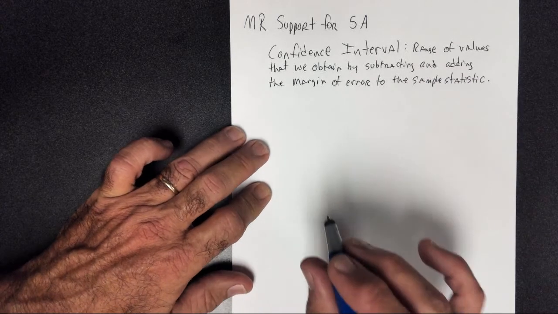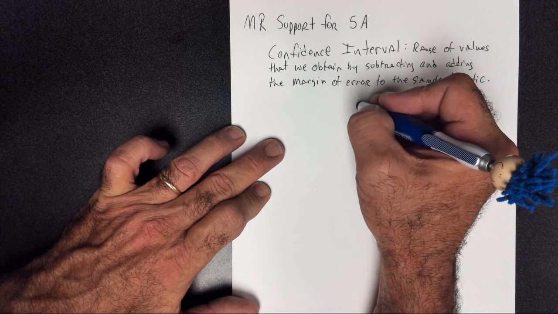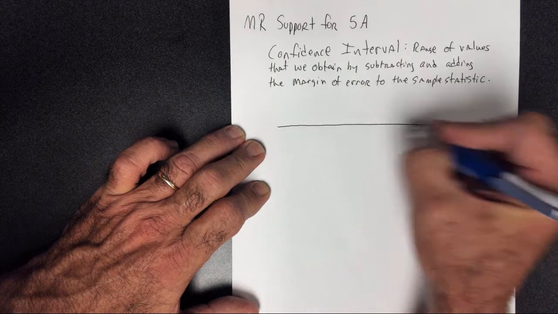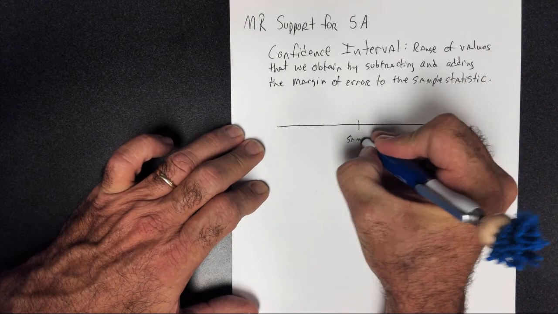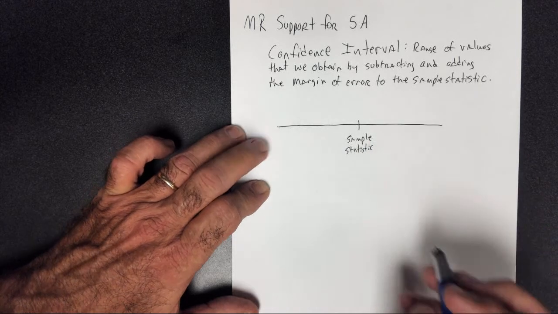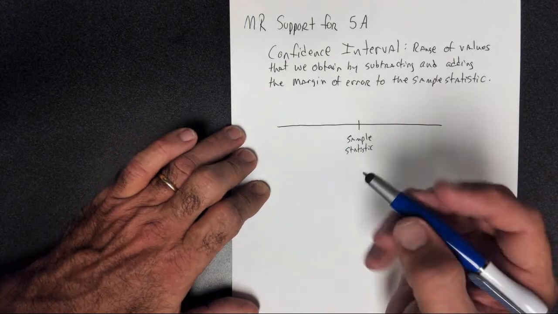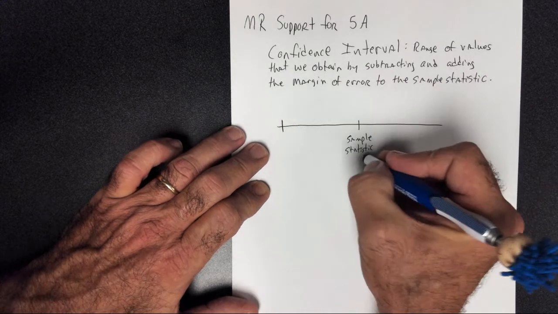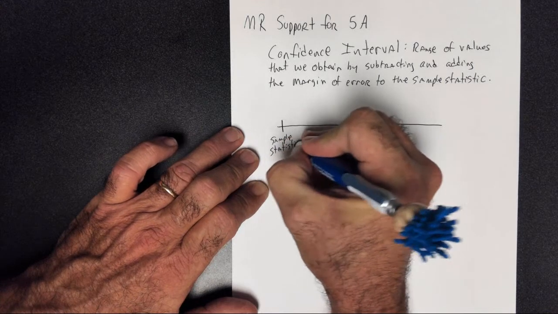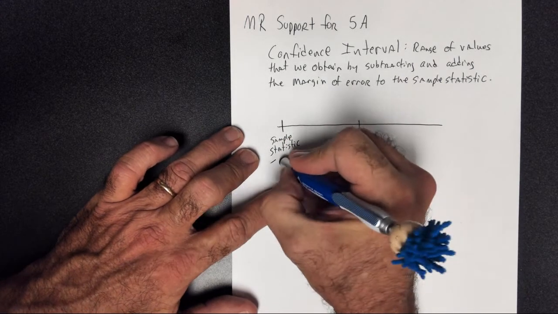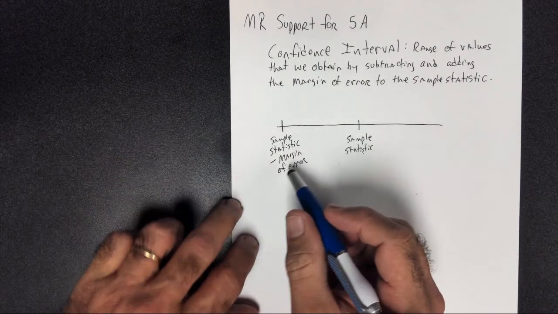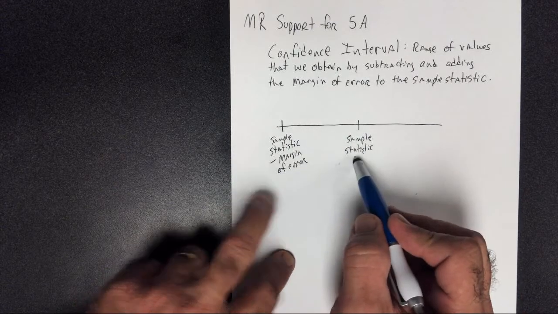Okay, so if I know a sample statistic that they're giving me, let me draw what I'm going to talk about here. So here's my sample statistic. To find the left endpoint of my confidence interval, I'm going to take this sample statistic and subtract the margin of error, because by subtracting that margin of error, I'm always going to get a number less than the sample statistic.